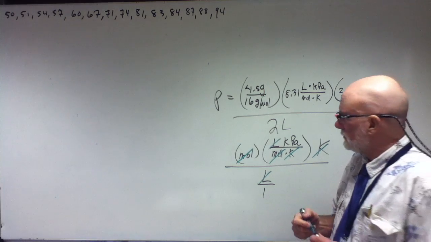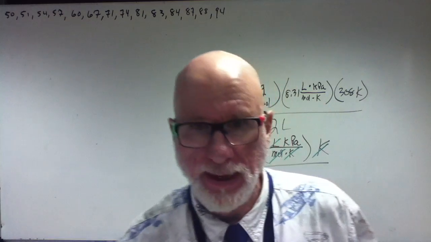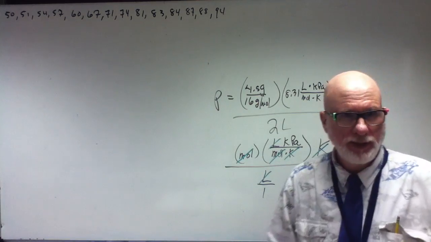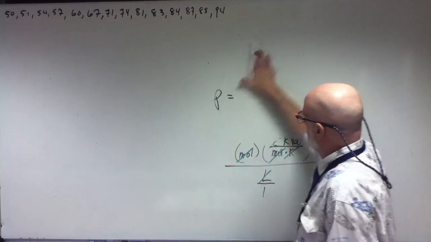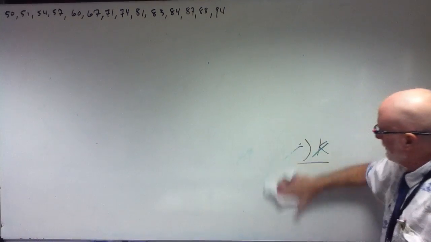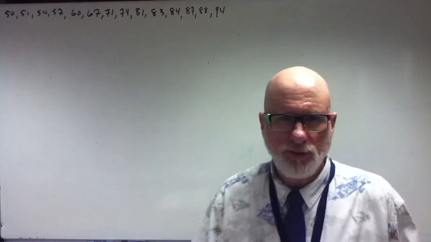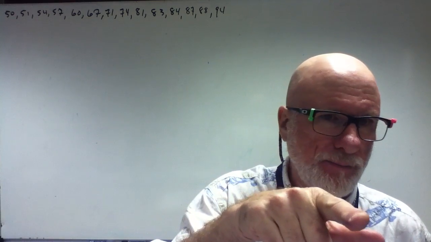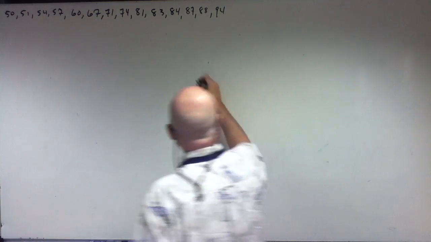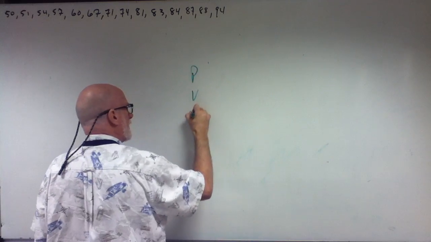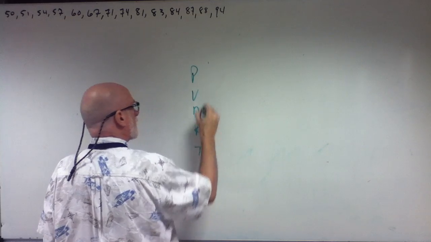Now, this is what I do. And if you're good and you've done practice, then you don't have to worry about the unit labels. In other words, you've got to have something on the ball, right? Relative to doing practice. So I have listed P, V, n, R, T, right?